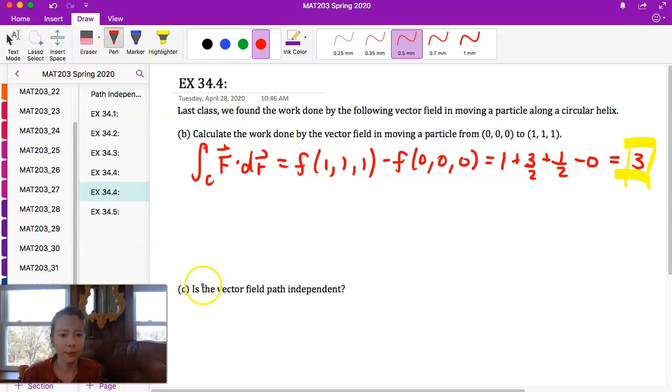Okay, last part. Is the vector field path independent? So I've said this many times throughout this problem. Yes, it is path independent.